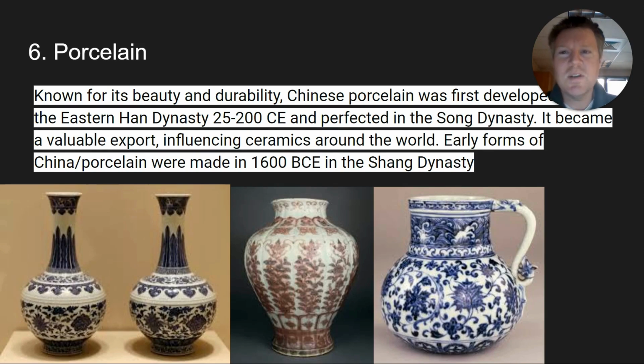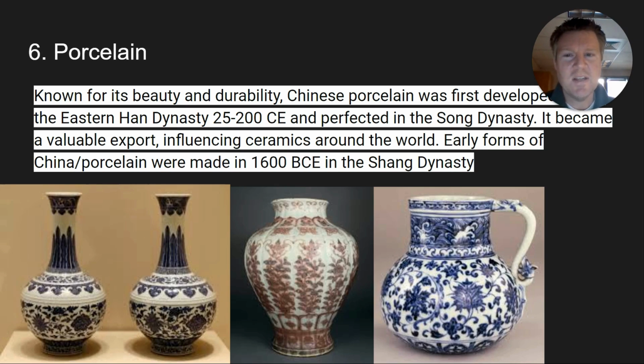Number 6, porcelain. We call it china today, like our fine china, but it was really just a refined form of porcelain known for its durability. It was first developed in the Eastern Han Dynasty from the years 25 CE to 200 CE, and then it was later perfected in the Song Dynasty.